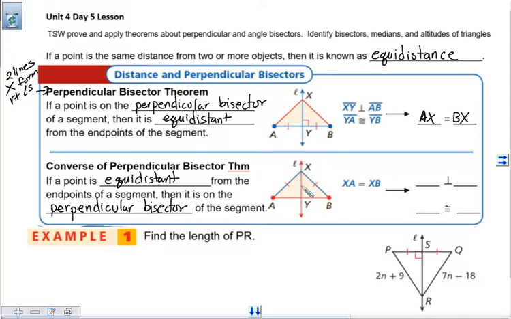And so that means that line XY is perpendicular to segment AB, and that line XY is cutting segment AB in half, meaning that segment AY is congruent to segment BY.